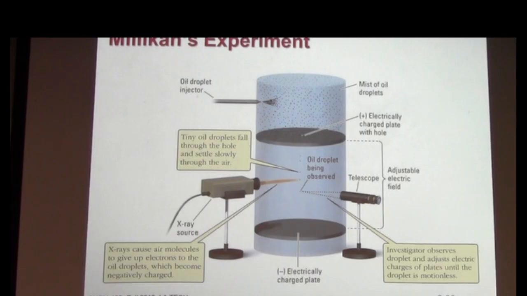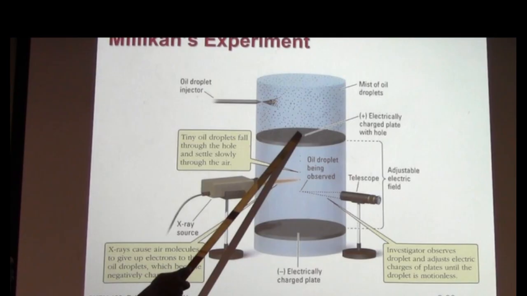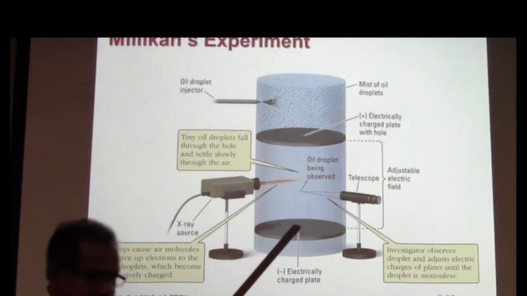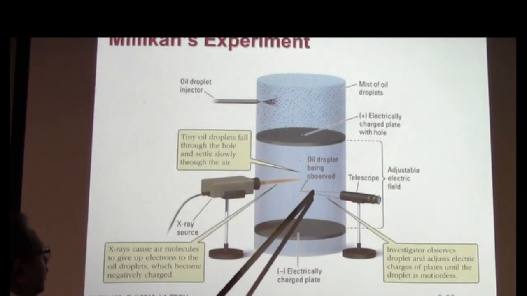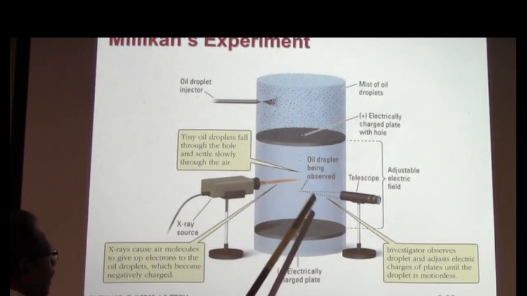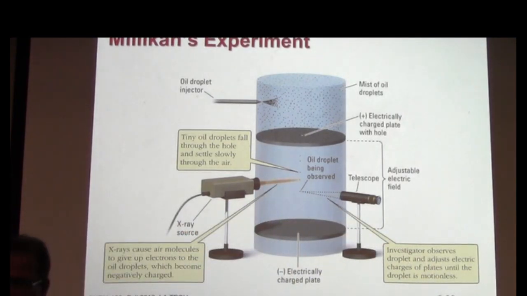Okay, this is the Millikan oil drop experiment. He sprayed oil drops, and there's a hole, they drop, okay? Now he had a microscope, and he had an X-ray source. Remember, the X-ray source and the microscope are not in line, you're not going to look into the microscope with X-rays coming into your eye, okay?